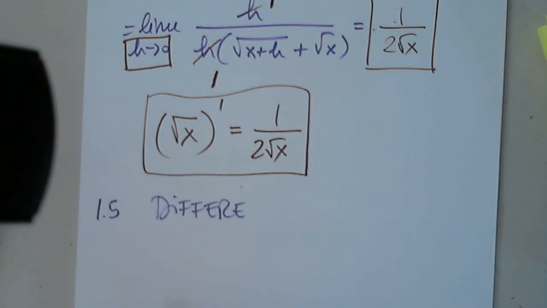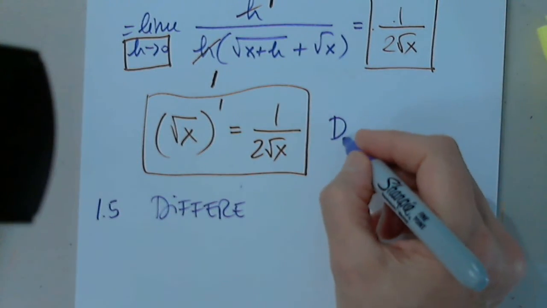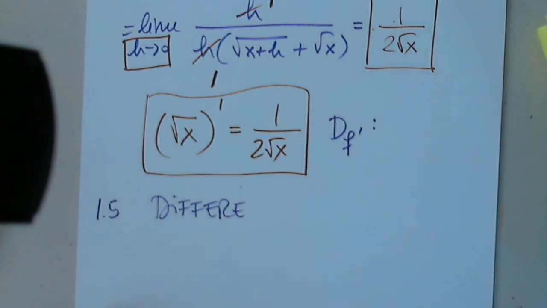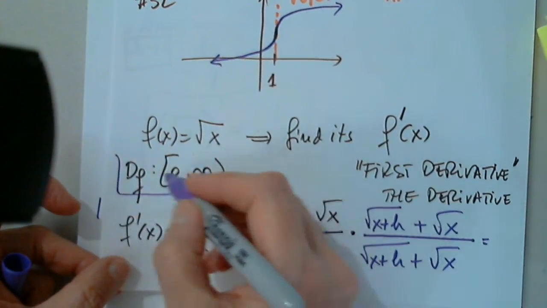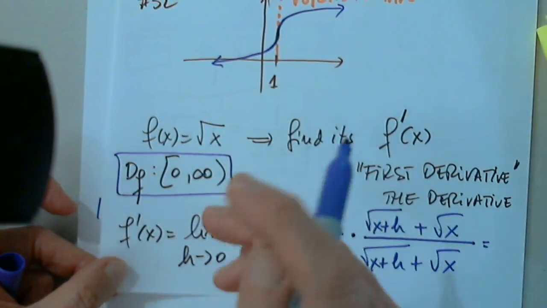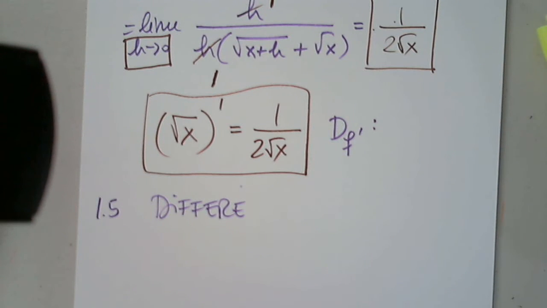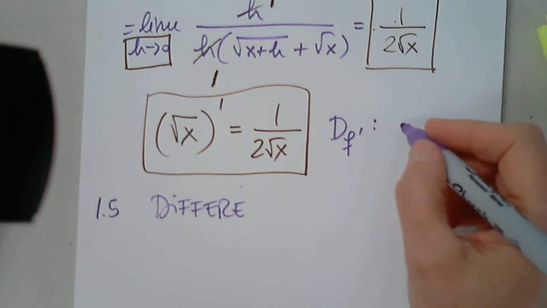Oh, yes, I forgot. Can anyone give us the domain of the derivative? You already gave me the domain of the function. You said 0 to infinity. Brilliant. Can anyone now give us the domain of the derivative? Go 0 to infinity.